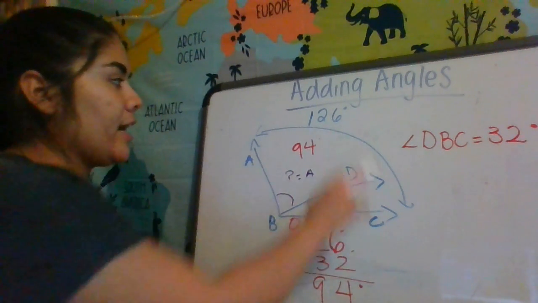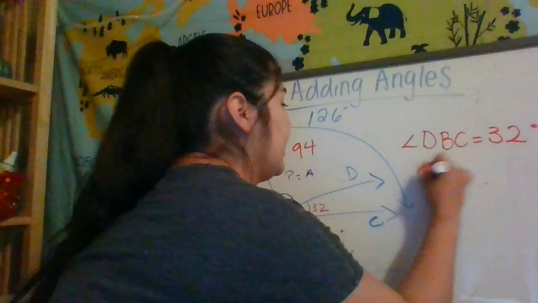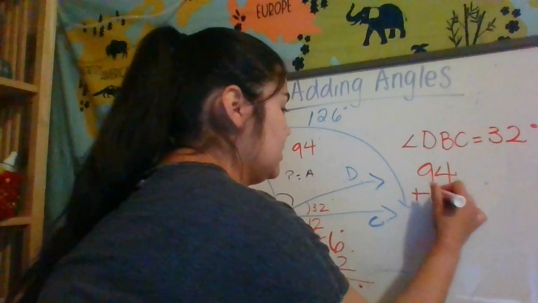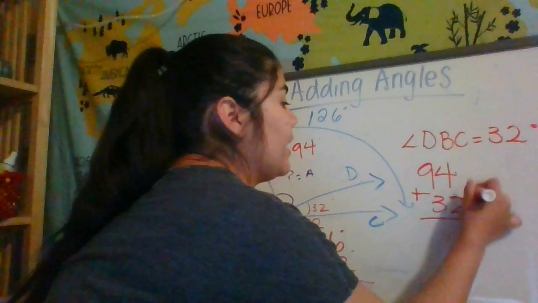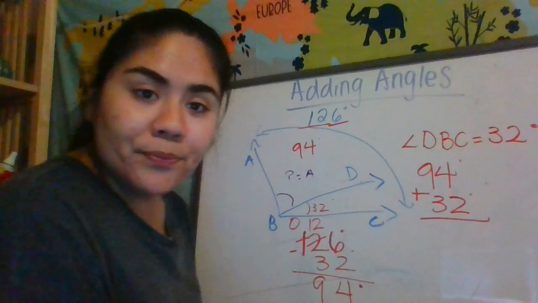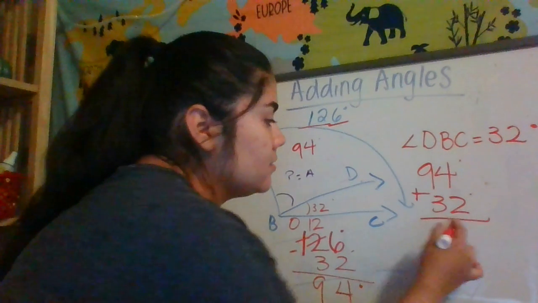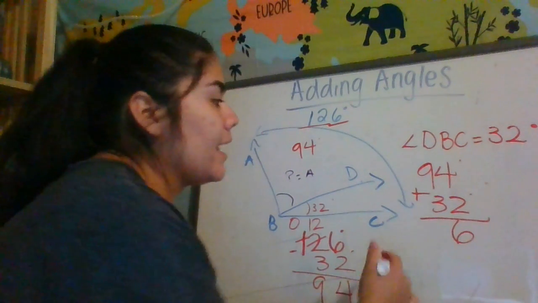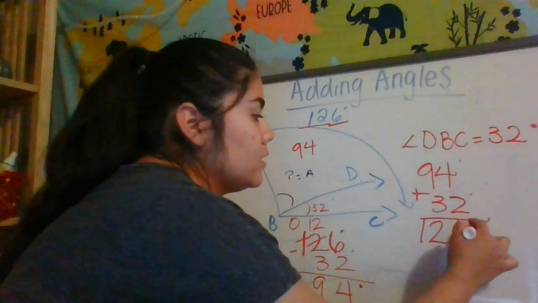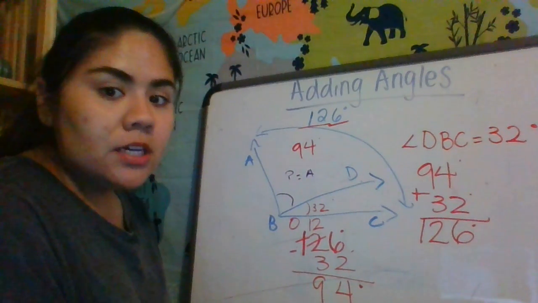Well, we know the entire angle is 126, so we can add 94 plus 32. If we get 126, then we know we got it right. If we don't, then we made a mistake. So 4 plus 2 is 6. 9 plus 3 is 12. 126. Okay, so you can check your work.